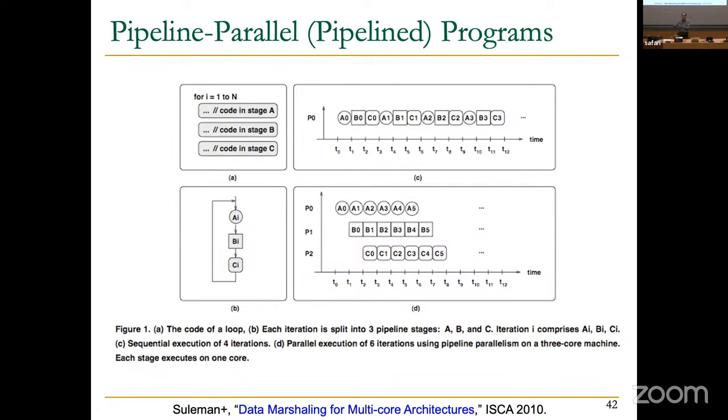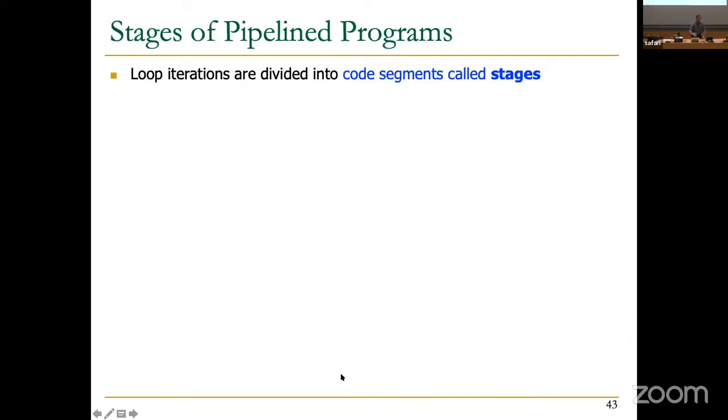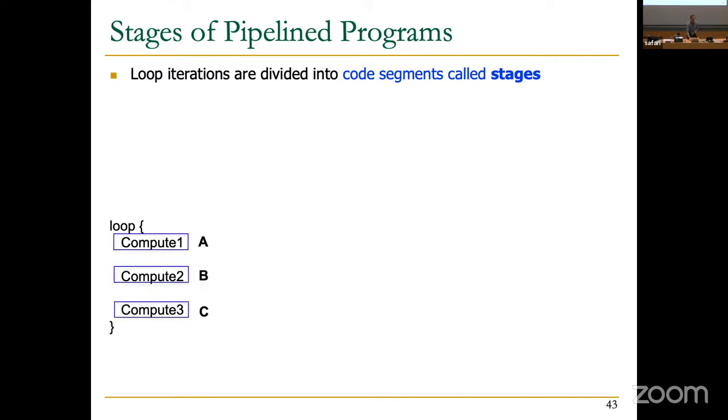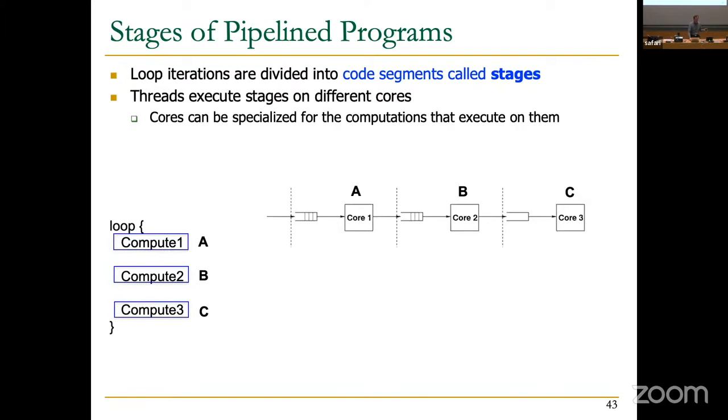So you can actually transform a general purpose programming model to more systolic computation. And this is called staged execution. You can read papers about it. We don't have time to talk about it. But basically, you can divide loop iterations into stages or code segments called stages. This is essentially what I showed you. A, B, C. These could be very special. And these different stages can execute on different cores, and cores can be specialized for the computations that execute on them. Okay?